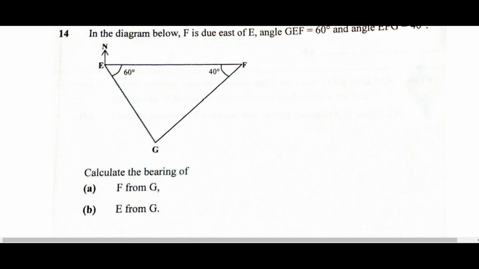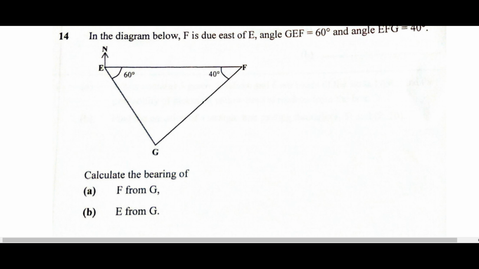Calculate the bearing of F from G. So the first step that we are supposed to do here is, let us extend the lines here. So we are going to extend the lines, we make an extension here.